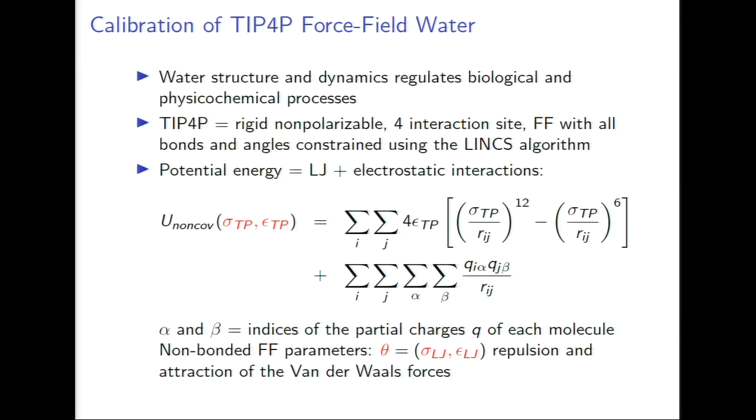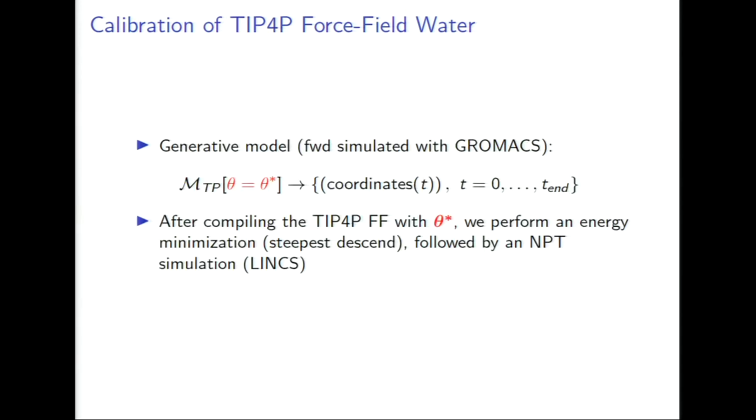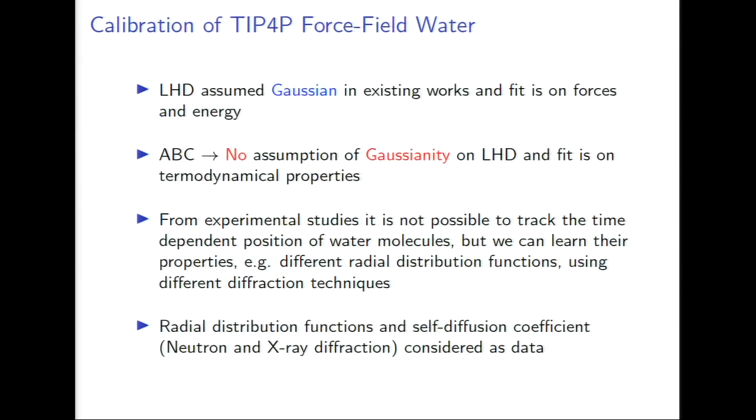And then we move to water, and we use this potential energy, which is a Lennard-Jones plus an electrostatic interaction. Again, we have two parameters, sigma and epsilon, as before. And we use TIP4P to do the forward simulation in the ABC procedure. We have no Gaussianity assumption again.